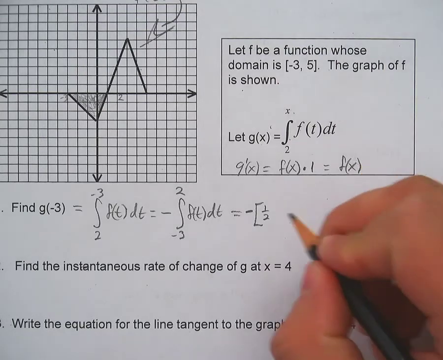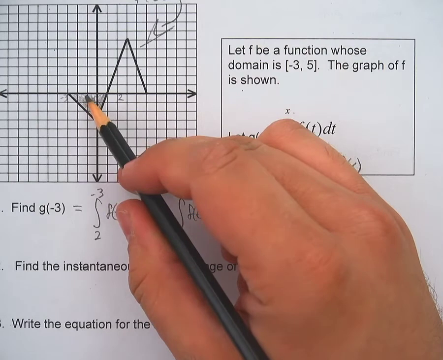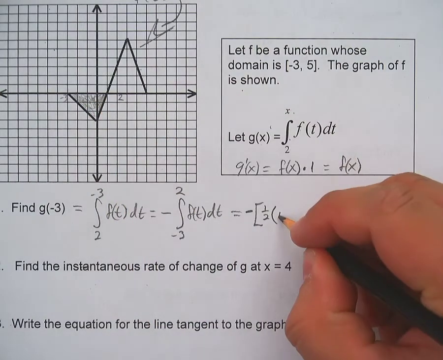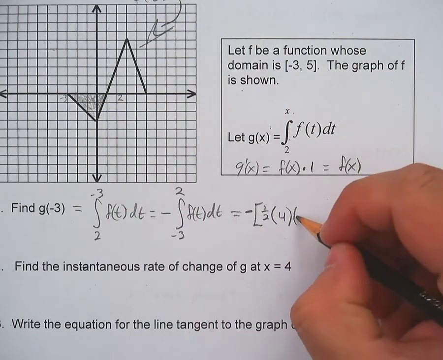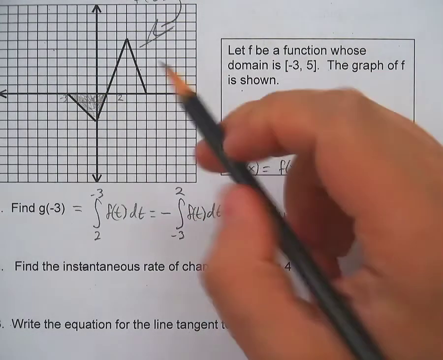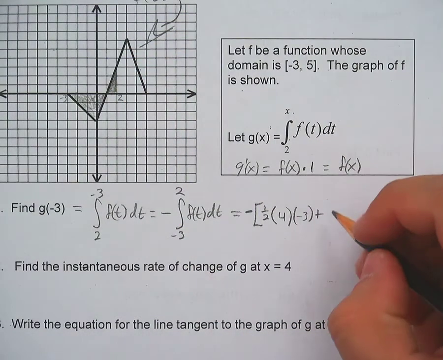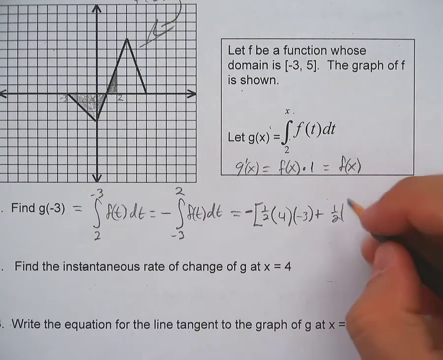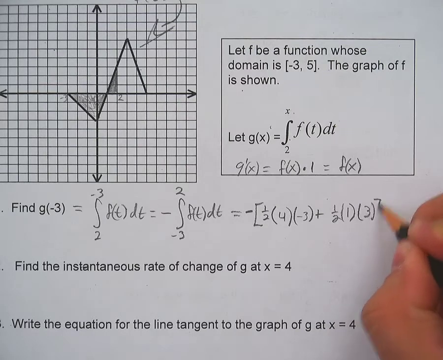What I'm going to do here, it's 1/2. My base is 1, 2, 3, 4 units, times my height, which is -3. Very important that I remember the negative there. Plus this guy right here: 1/2 a base of 1, and a height of 3 units.